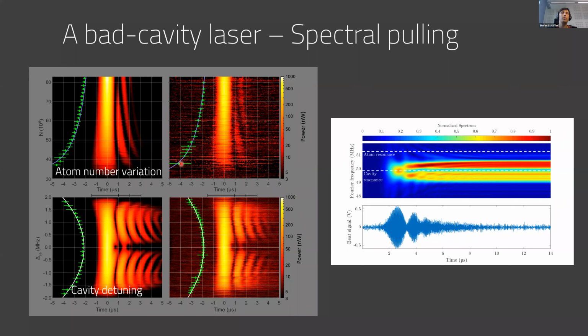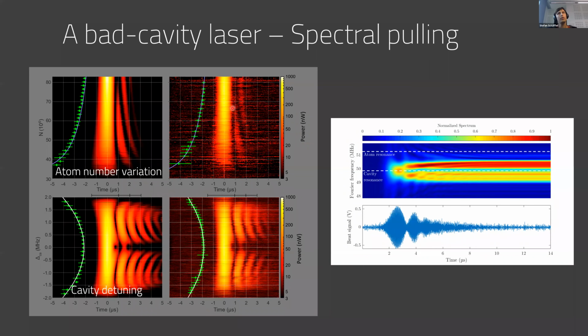So we pump our atoms coherently with a pi pulse at the time of the green dots here. Then after about 2 to 5 microseconds delay, we see this peak in the emission pulse in bright yellow here.